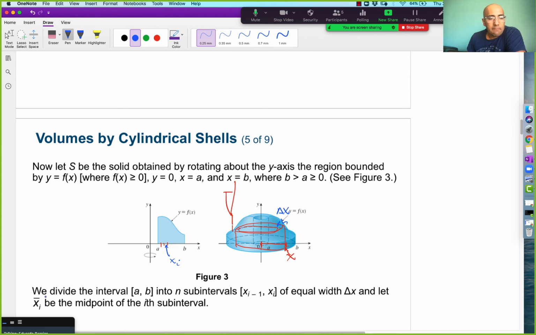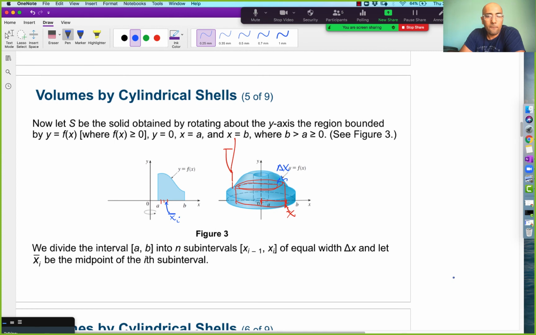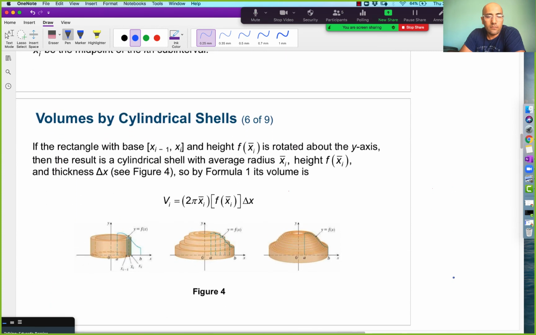And x sub i bar is going to be the midpoint of the ith interval. We're going to let this be equal to the midpoint of the ith interval, and that'll be a very good approximation for the radius that we need for our shell. Okay, so then this is going to be the volume of one single shell.